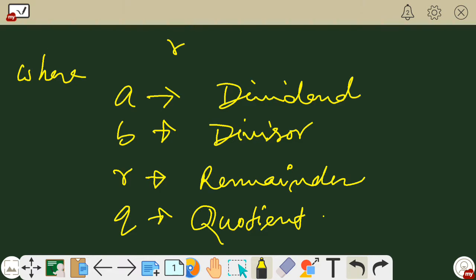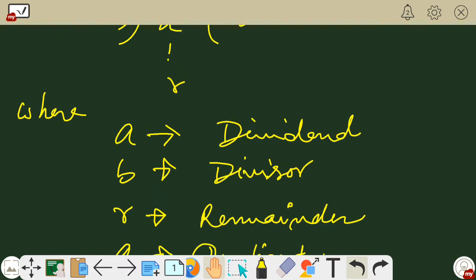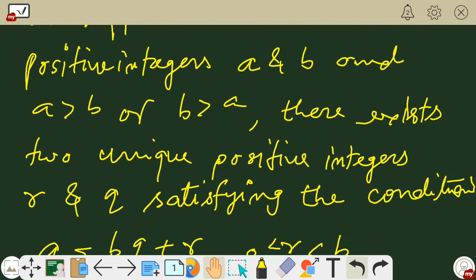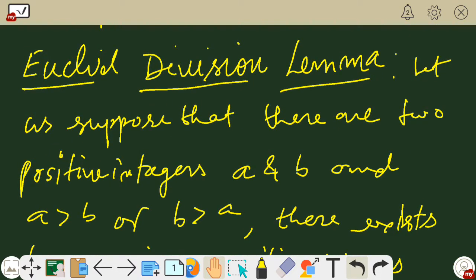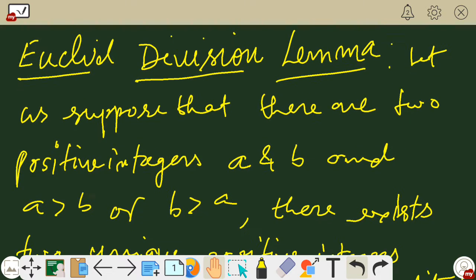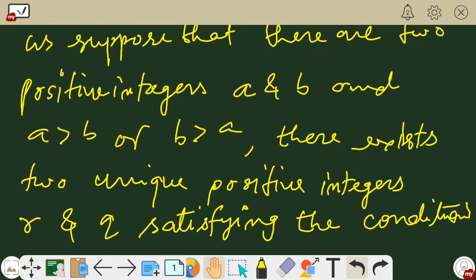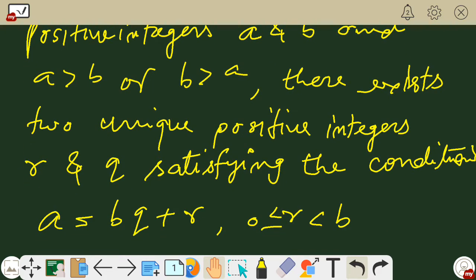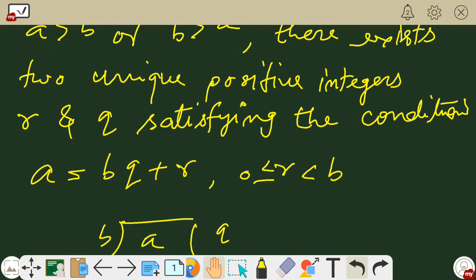So let me explain the Euclid division lemma. Let us suppose that a and b are two positive integers, a greater than b or b greater than a. There exist unique positive integers r and q satisfying the condition a equals bq plus r, where r may be 0 or greater but less than b.